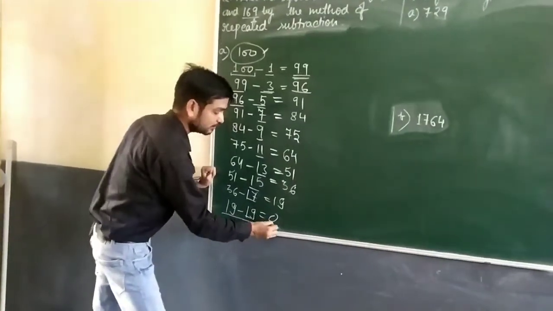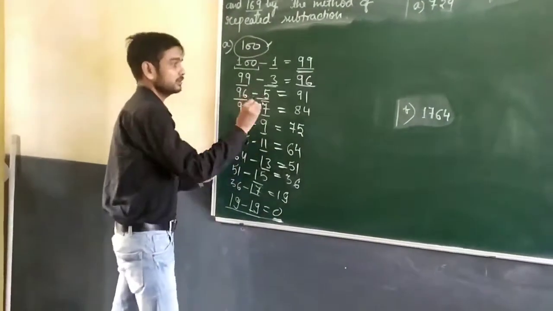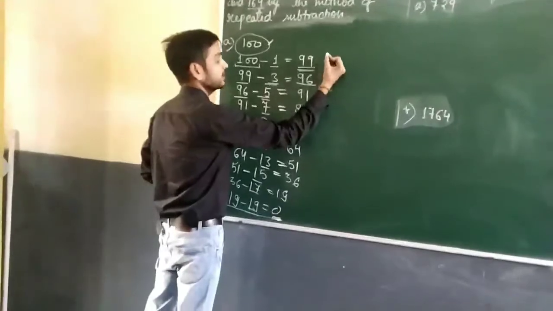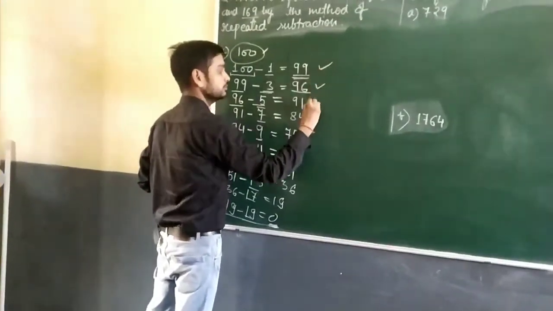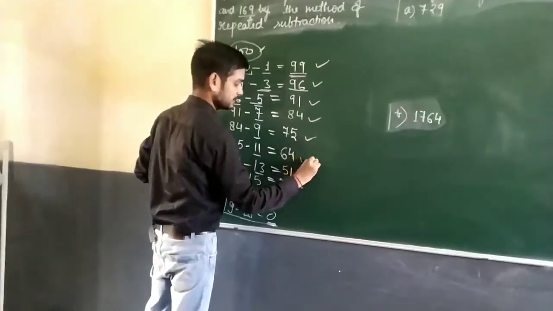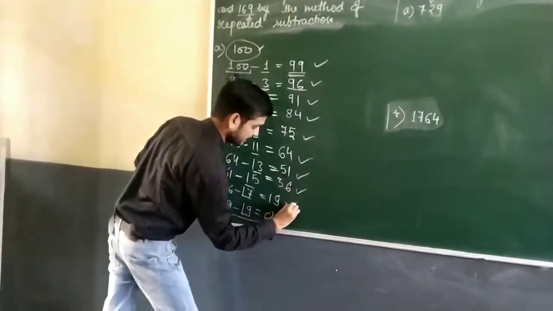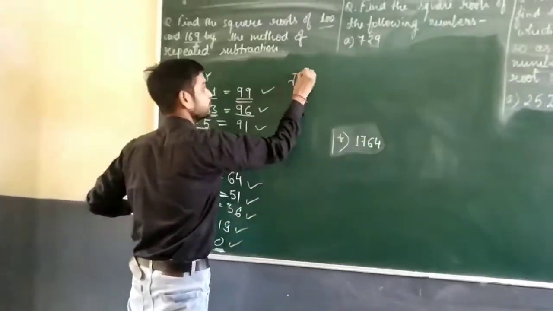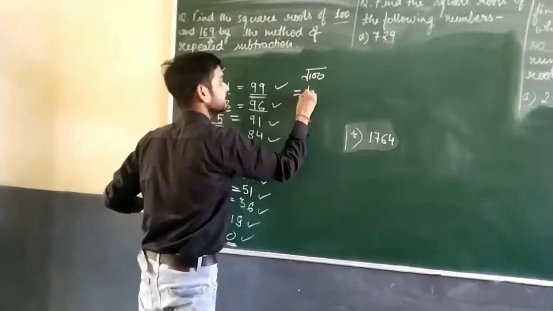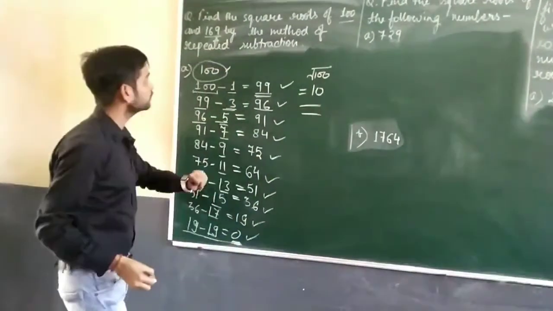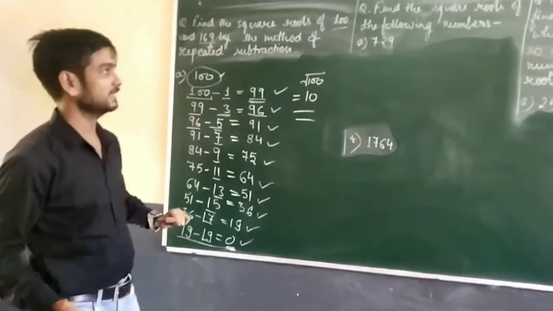When 0 comes, then we have to count the total numbers subtracted. How many will come here? 1, 2, 3, 4, 5, 6, 7, 8, 9, 10. So the square root of 100 is 10. Similarly, try to solve the next part, that is 169.